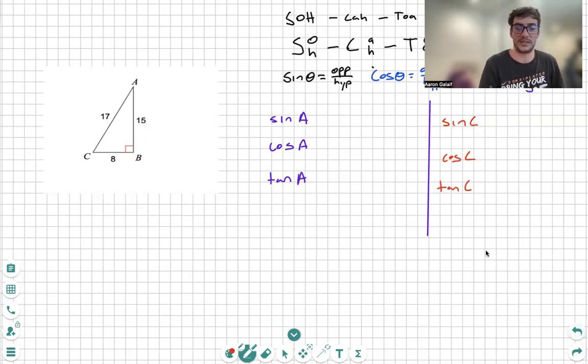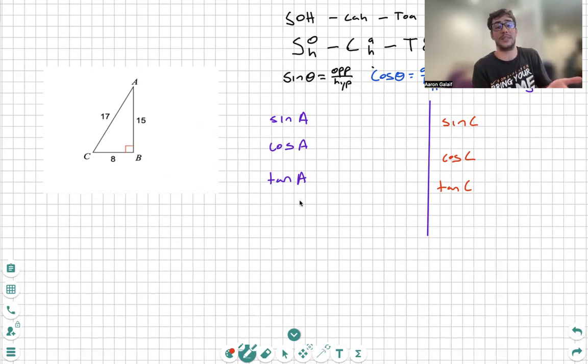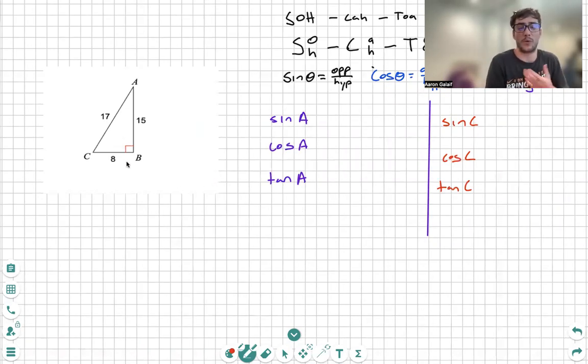That's my 90 degrees. We need that 90 degrees to even attempt this trig. So the one angle we're not going to take trig of is the angle of the 90 degrees.